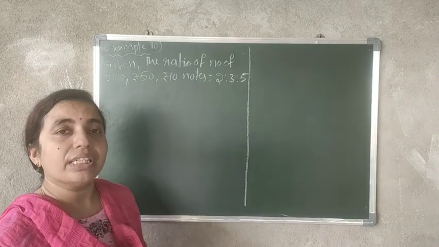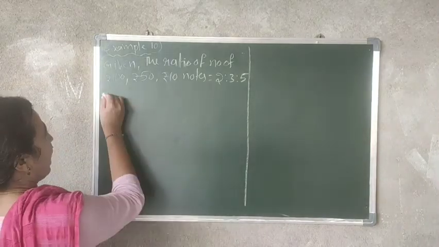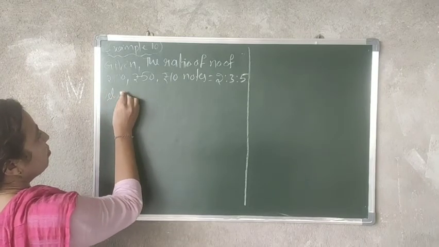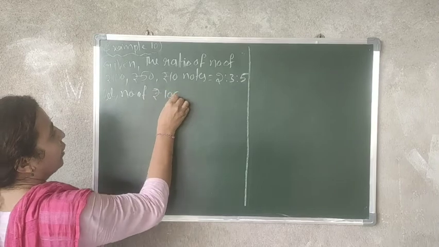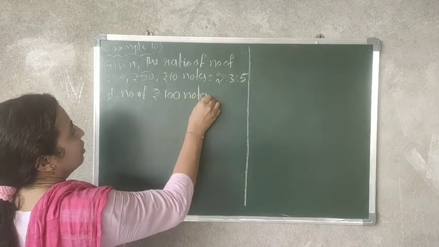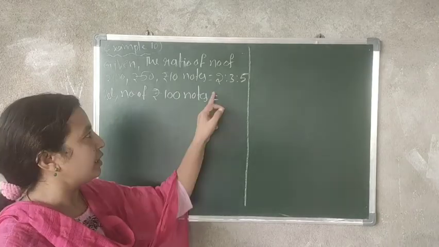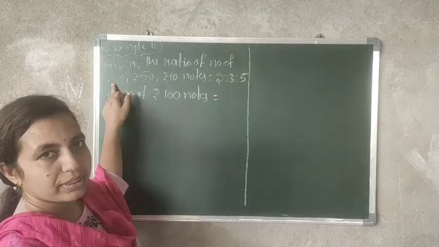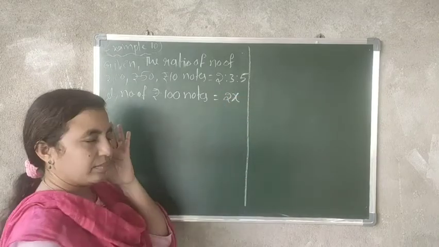Whenever a ratio is given, how will you write? Let the number of 100 rupees notes be, the ratio is 2:3:5 and the 2 belongs to 100 rupees, so you can consider this as 2x.